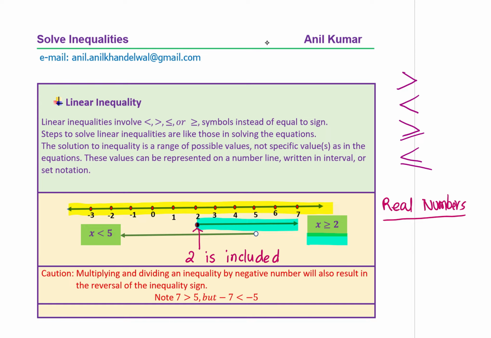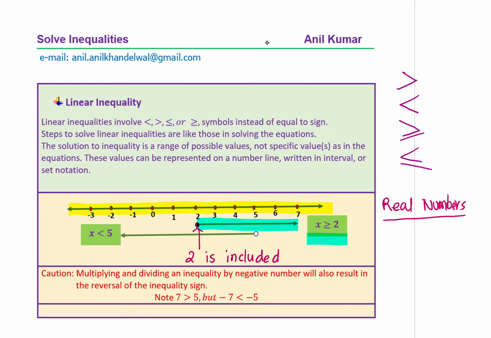So we are working in the domain of real numbers when we're talking about inequalities if nothing is specified. Or sometimes in a word problem, we can make out whether it is a whole number, integer, or a real number. However, by default, it will be a real number.